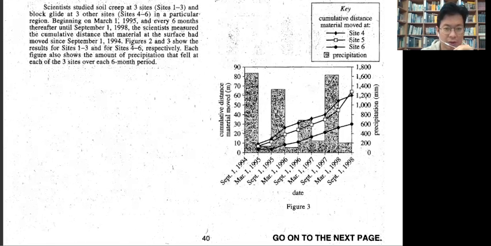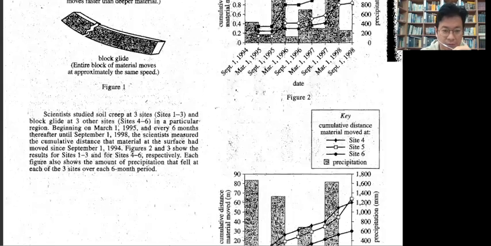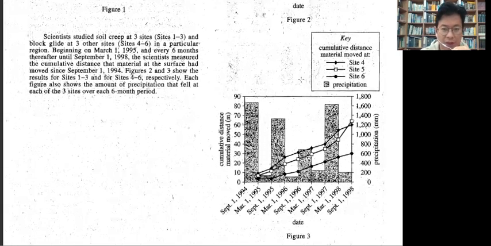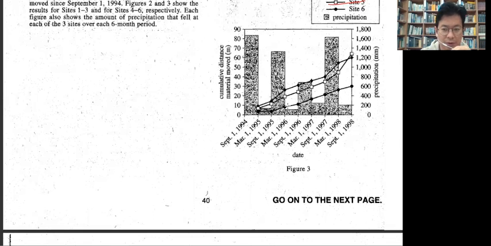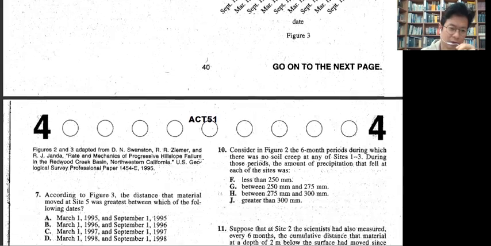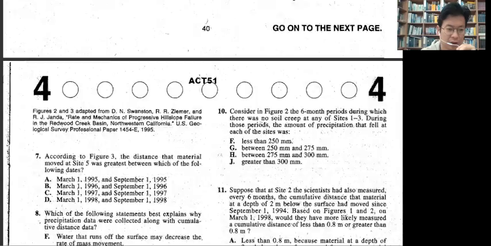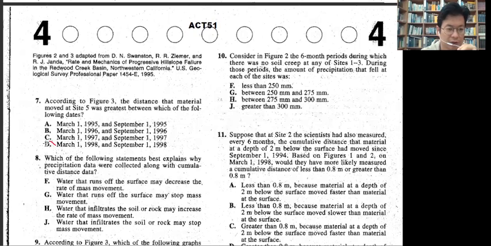This is site 3, or site 5, this is site 5, greatest between. This is greatest, the steepest. So March 1st to September 1st. March 1st, 98. September 1st, 98. So D.